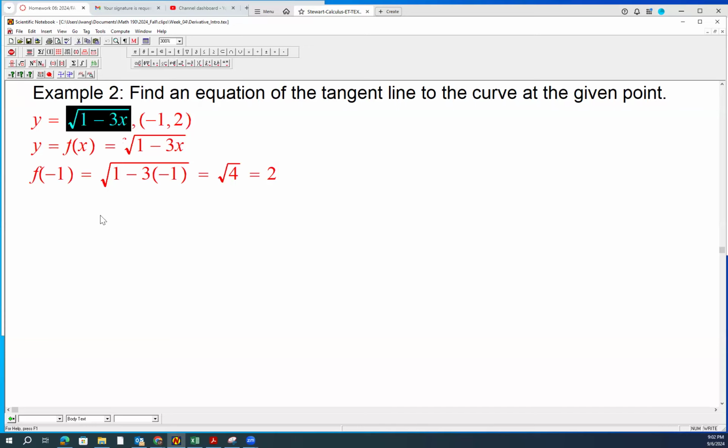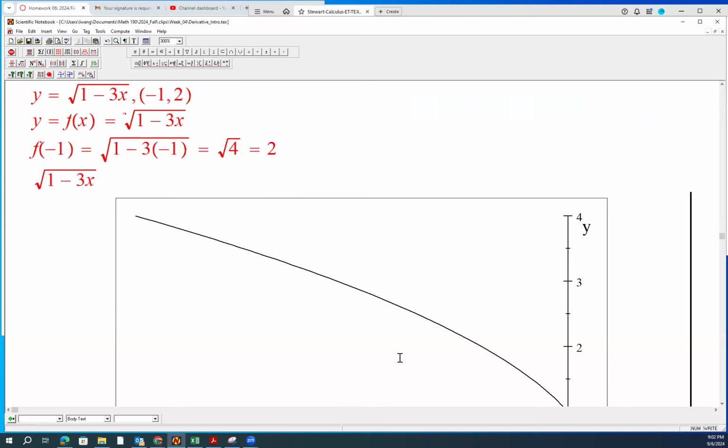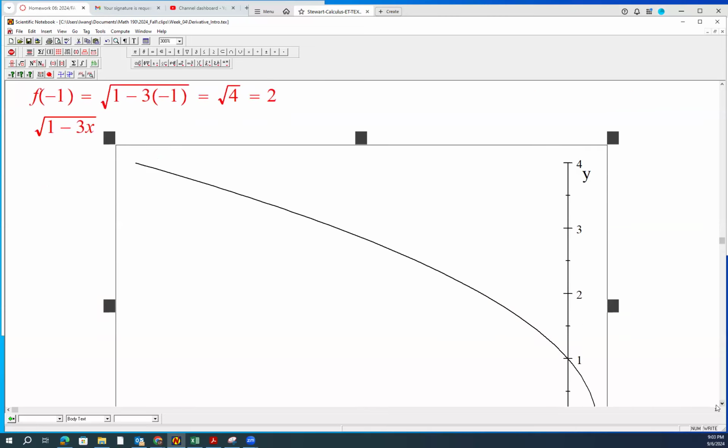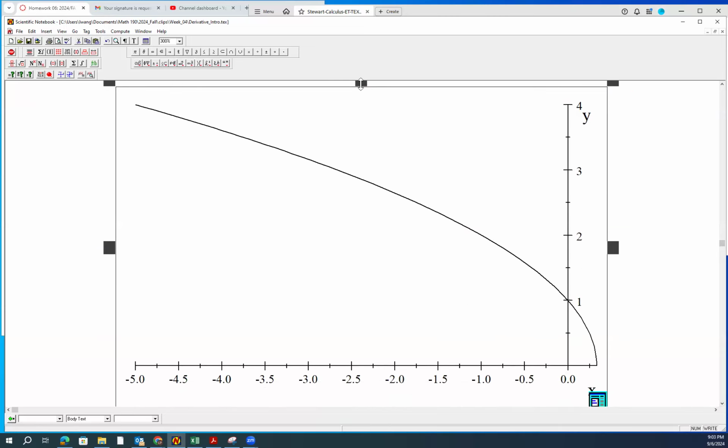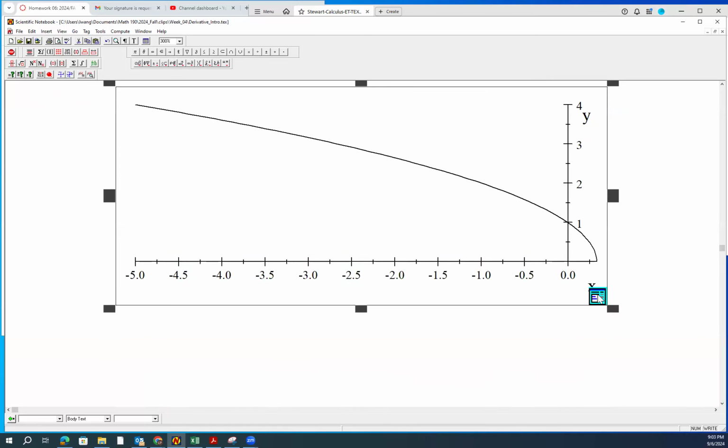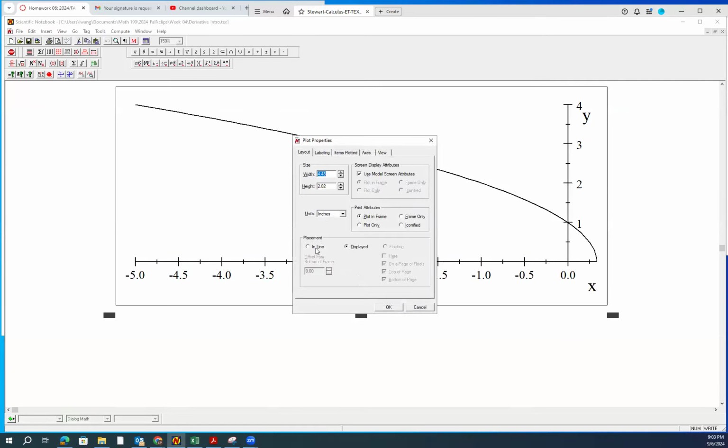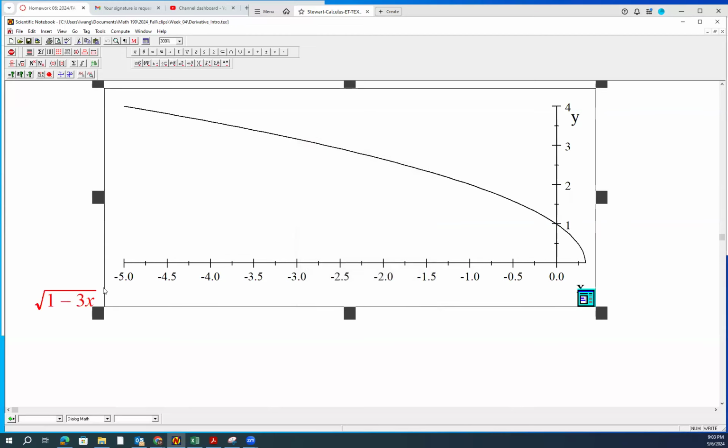So this is indeed a point on the curve. If you'd like to draw the picture, you could, even though it's not absolutely necessary, because you can go straight to find the slope.